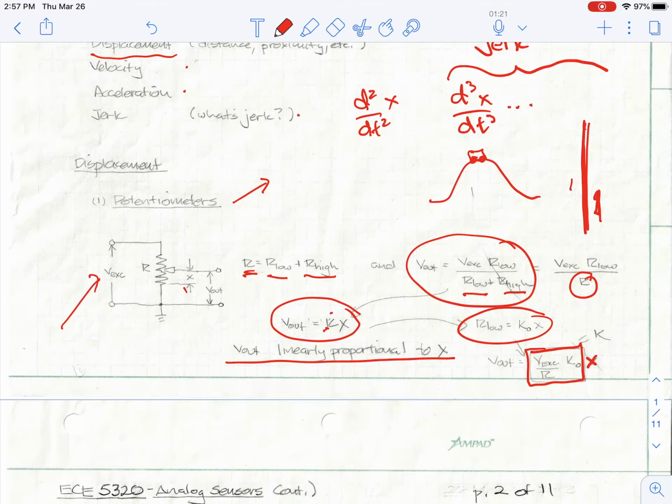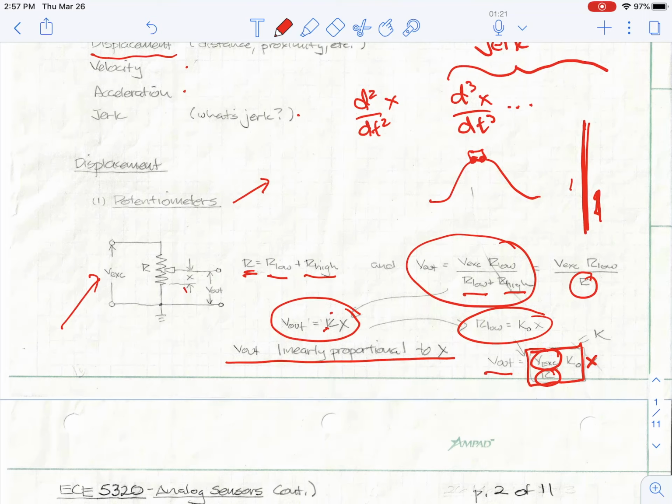Now, there are two things you're going to notice. One is that in my constant, I have V excitation and I have R. That means that for this output voltage to be consistent for the same position, I've got to have the excitation be a constant.